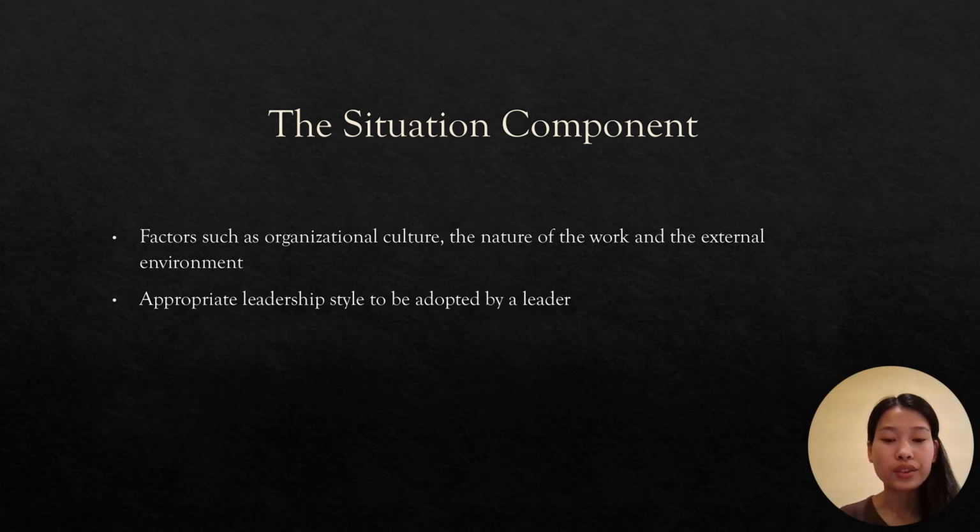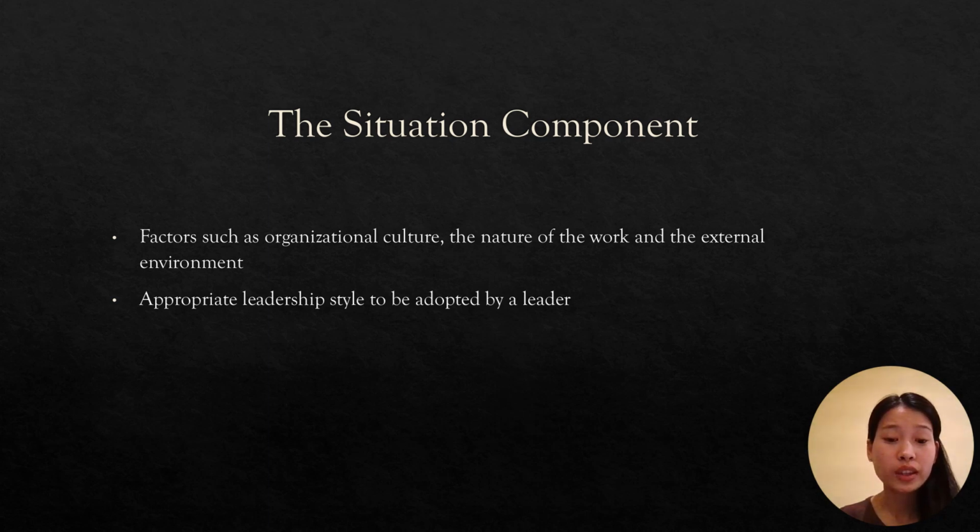Nature of work is the characteristics of work that the leader and follower follow within the organization, and the external environment is the environment that is not controllable by the management and might influence or impact the decisions that the leader makes.